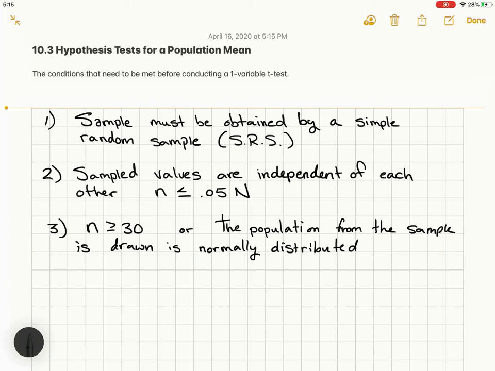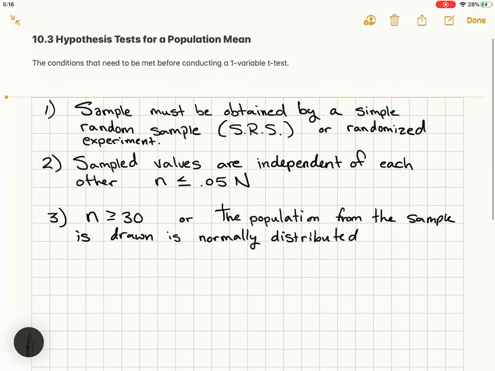The reason why this is important is because we need a sampling distribution, and if we don't have a large enough sample, we won't have the bell curve unless the population is normally distributed anyway. Now, for number 1, if you don't have a simple random sample, it could also have been a randomized experiment. I almost forgot about that. So this will also work for experiments.